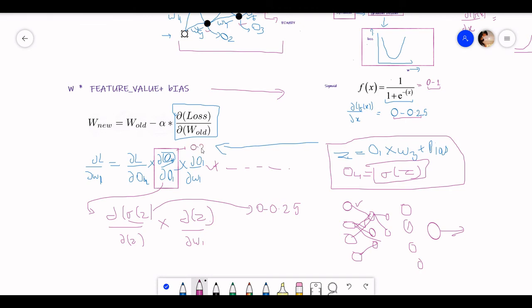If this value is, suppose, 0.23, in this layer our value will be 0.10, and in this derivative our value is 0.5. This derivative will be 0.001. Now what is the problem with that? If we multiply the whole number with our 0.001, what will happen?